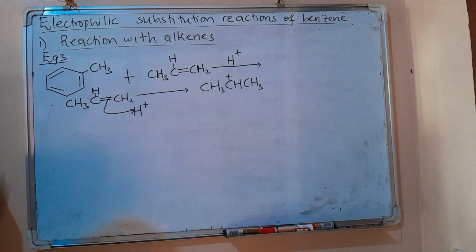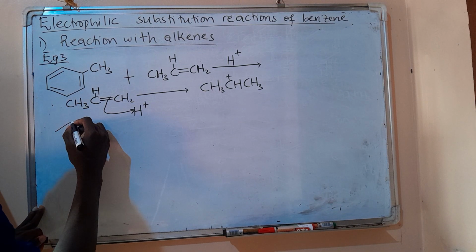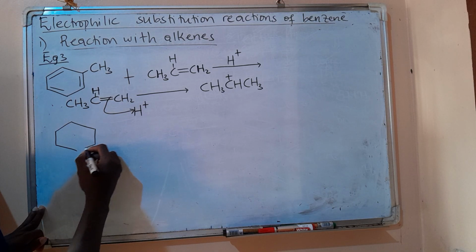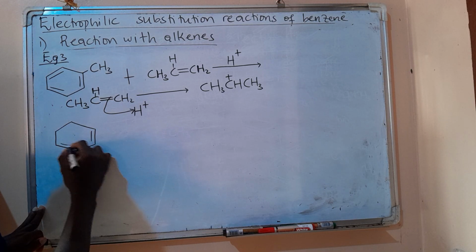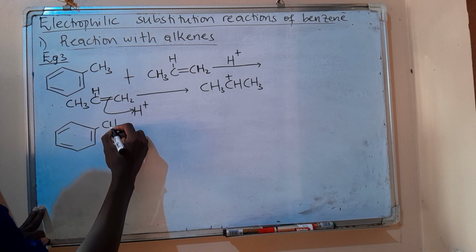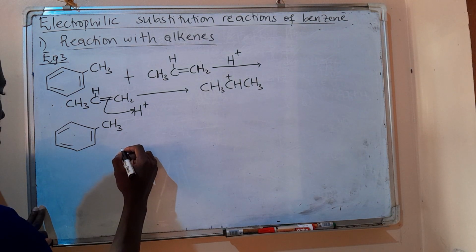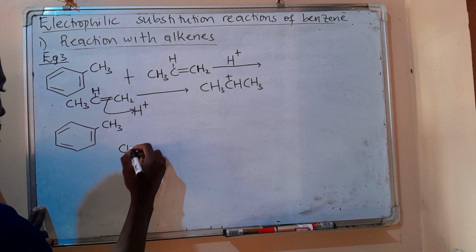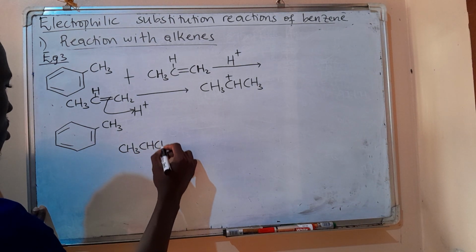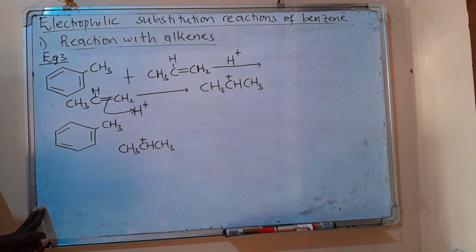Then the next step, I bring my benzene ring. My benzene ring, since it is electron rich, and then we have CH3, CH3 plus.